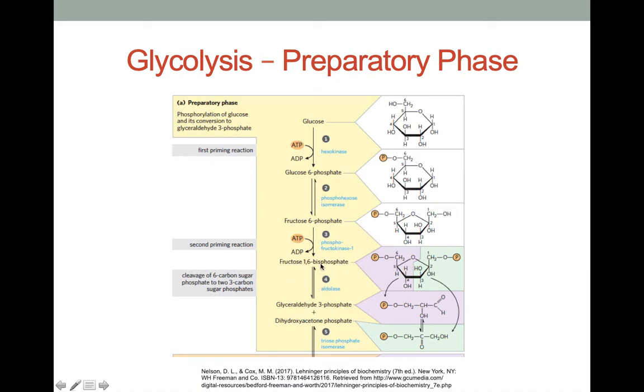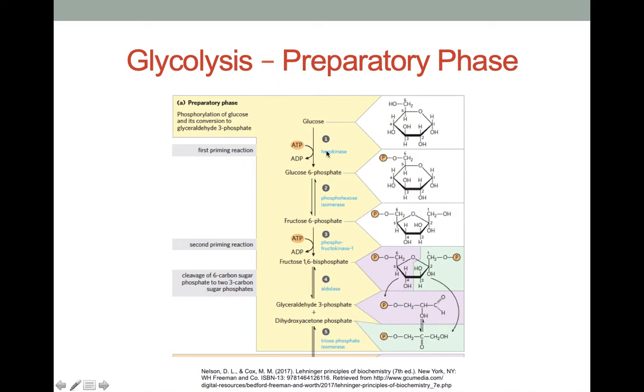Once we have fructose 1,6-bisphosphate, we're going to use aldolase, and we're actually going to cut the glucose in half. We're going to create two 3-carbon compounds. Aldolase causes that to happen, and we produce glyceraldehyde 3-phosphate and dihydroxyacetone phosphate.